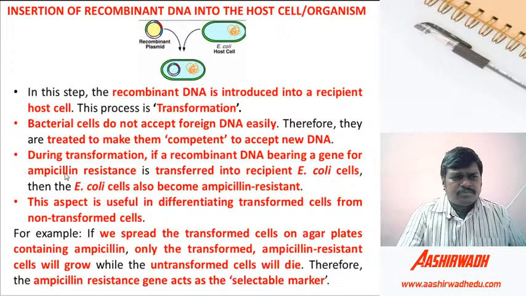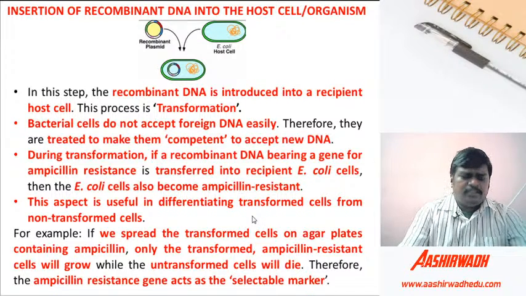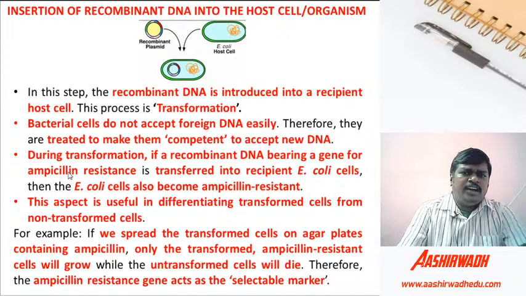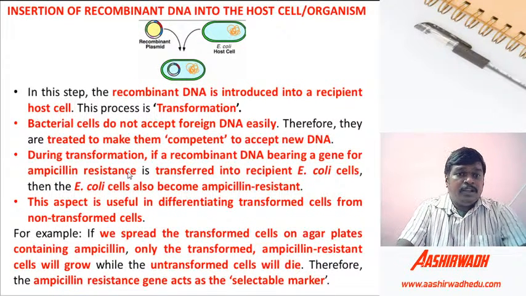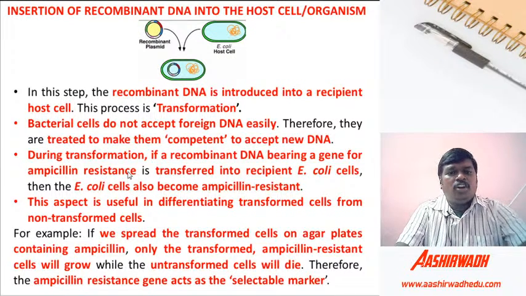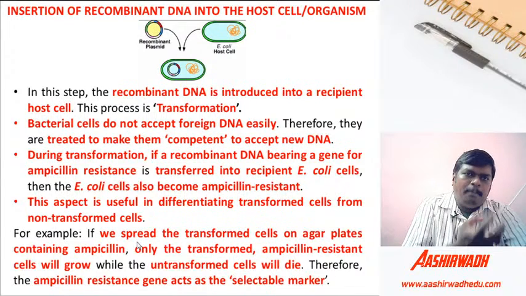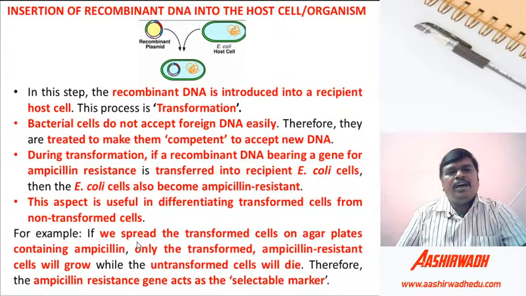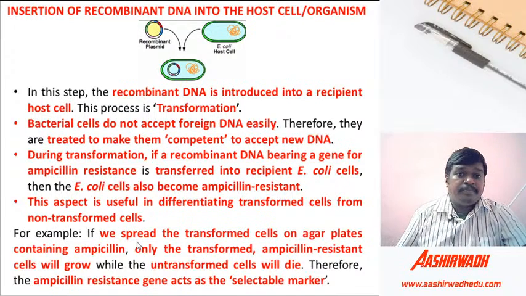And during transformation, the recombinant DNA, which contains the gene for ampicillin resistance, is also transferred into the recipient, so that the E. coli will not reject the recombinant plasmid. Before that, they make the host cell competent to accept the recombinant plasmid. That is the ultimate aim.